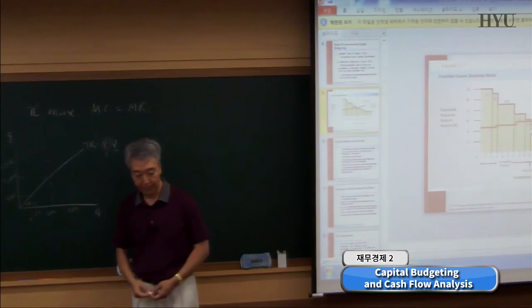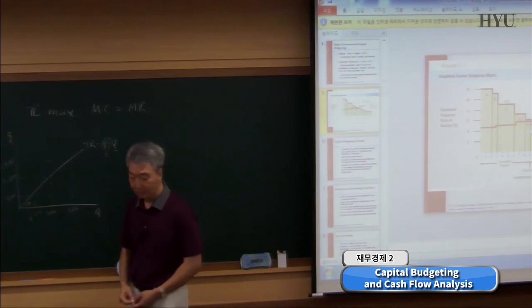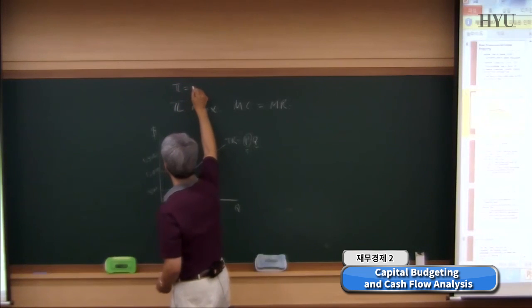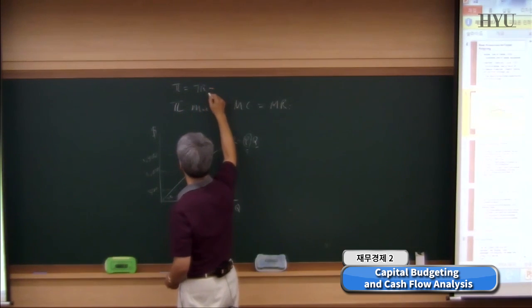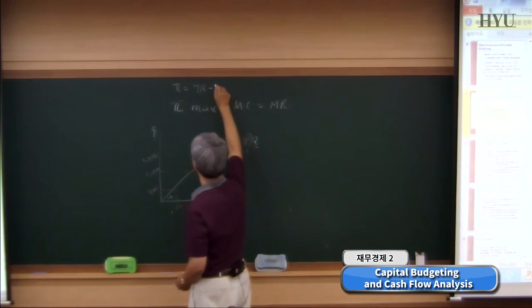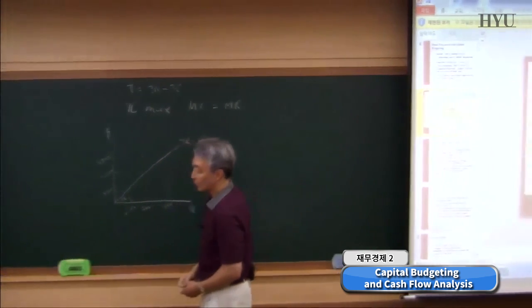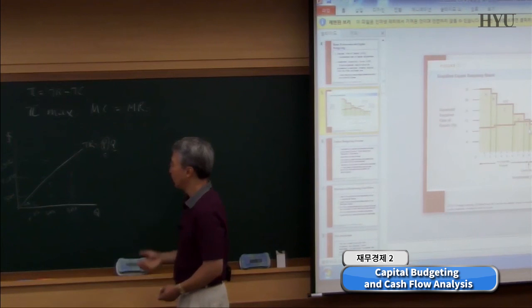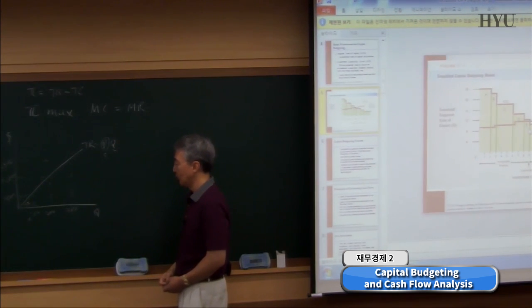And then, what's the profit? Profit is total revenue minus total cost. The difference is the profit. So if you want to find out the profit maximizing point, you have to bring in the total cost curve.